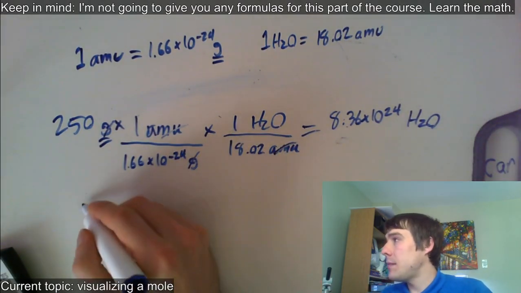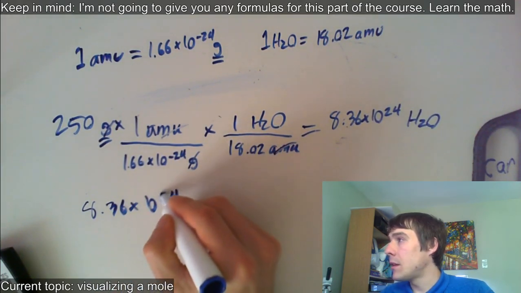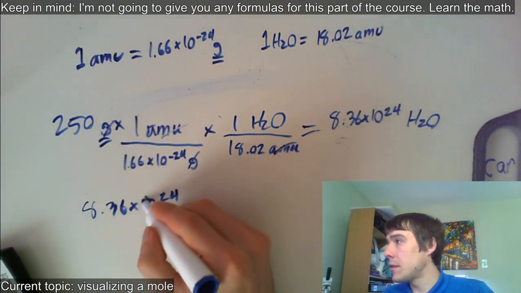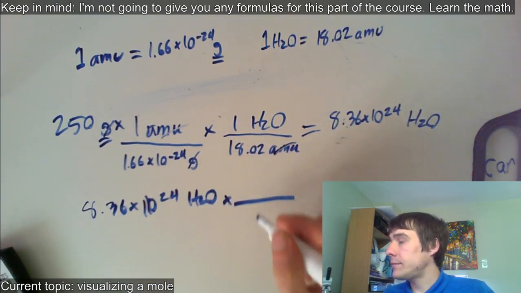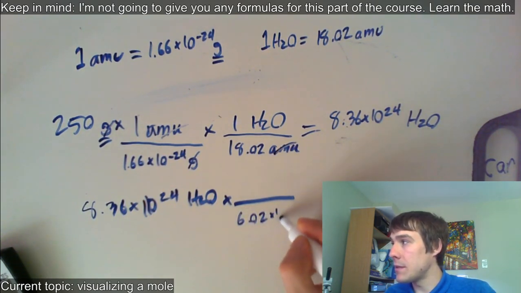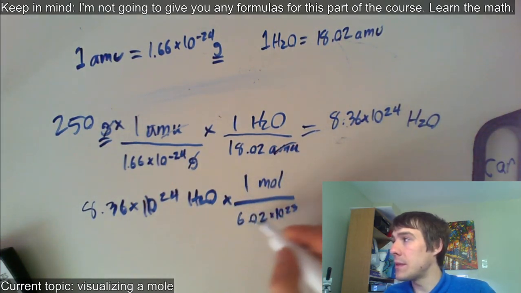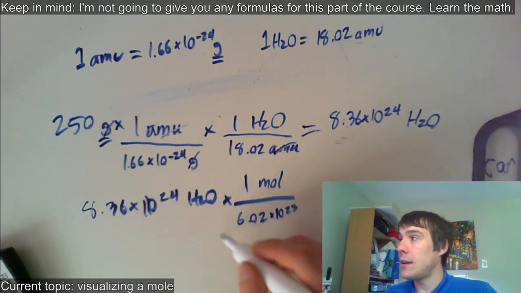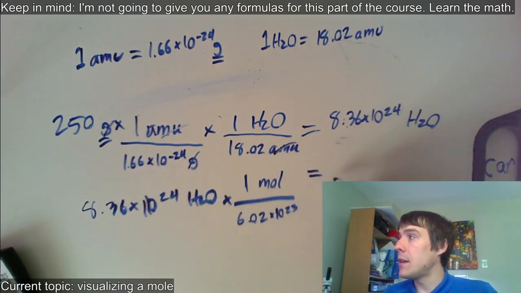We have 8.36 times 10 to the 24 molecules of H2O, individual little H2Os, and then we know that on the bottom we want the molecules, 6.02 times 10 to the 23 of anything, and it's 1 mole. 1 mole is 6.02 times 10 to the 23 of anything, and so we can just divide, and that's about 14 moles.